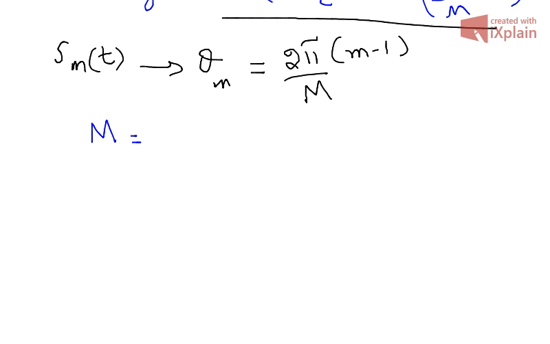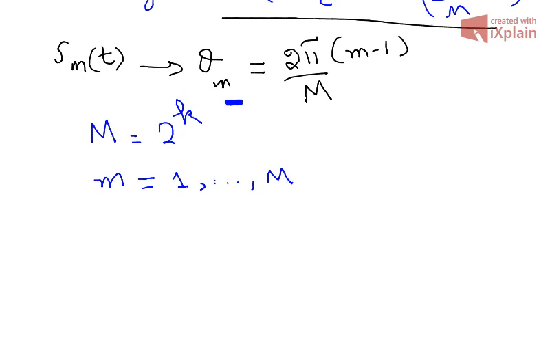We have capital M symbols, so capital M can be 2 raised to the power k, and small m is from 1 to capital M. So we have M possible phases of the carrier that convey the transmitted information.